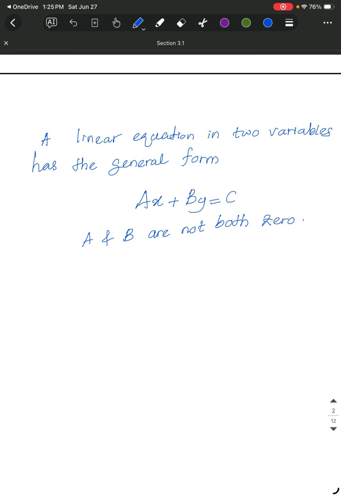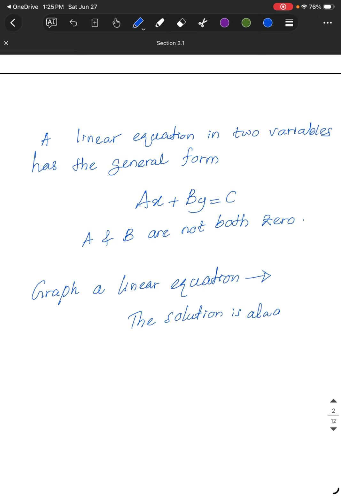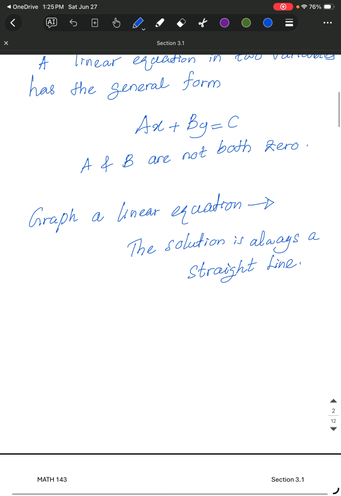When we graph a linear equation, the solution is always a straight line. So let's do a quick review with an example.